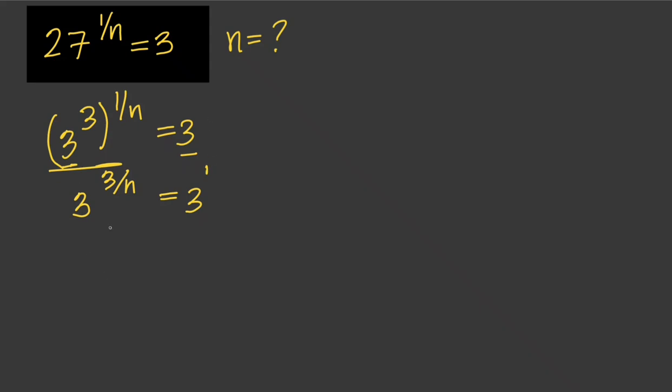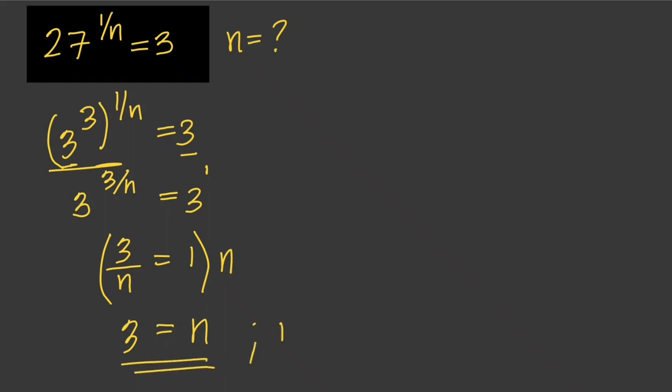So we can simply equate the exponents, because they now have the same bases. That would be 3 over n equals 1. Then we can multiply n to both sides, so we have 3 equals n. So n here is equal to 3.